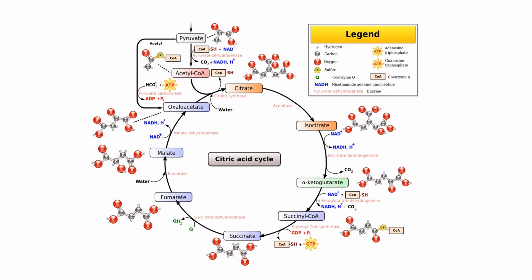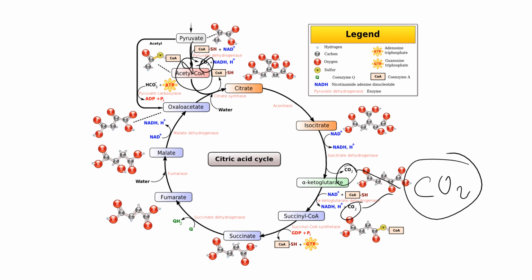And it would also be a disservice not to point out to you that carbon dioxide is created as a byproduct in multiple locations of the Krebs cycle as well, right? It was created when we turned pyruvate into acetyl-CoA, and it's also created in multiple reactions of the Krebs cycle.